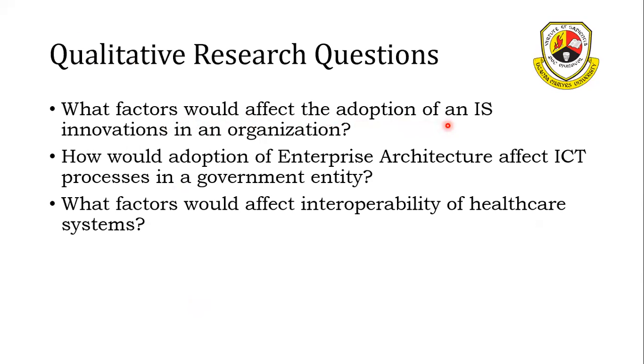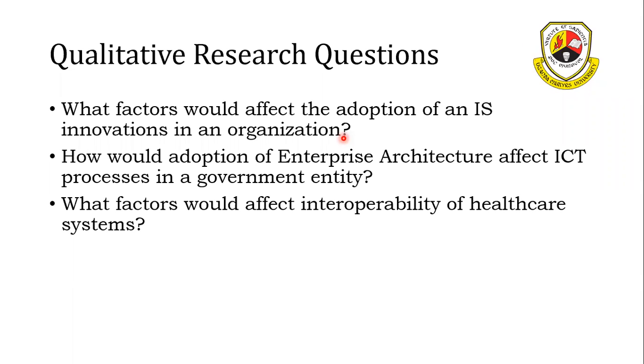Here I give an example. What factors would affect the adoption of an IS innovation in an organization? That would be a question for maybe an IS researcher, on the adoption of a certain application. Someone may also want to discover what may affect the adoption of mobile applications in Uganda. Is it possible to develop a mobile application that's used?